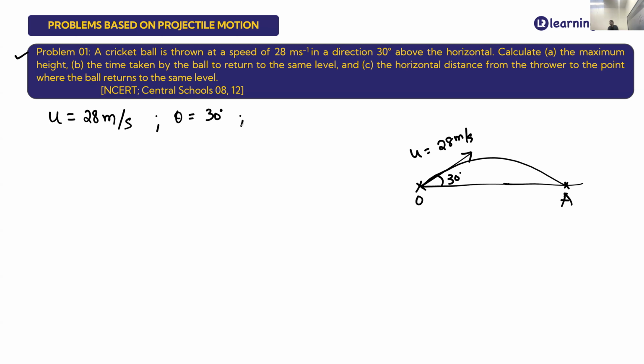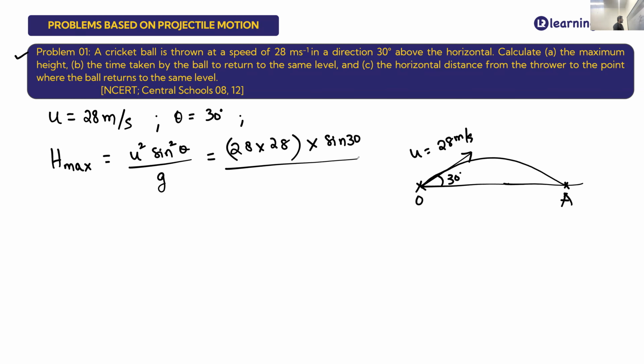Nothing. Right? So we need to apply the formula for H max, which is basically U square sine square theta divided by 2G. So 28 into 28, sine square 30, divided by G, we can take it as 10.